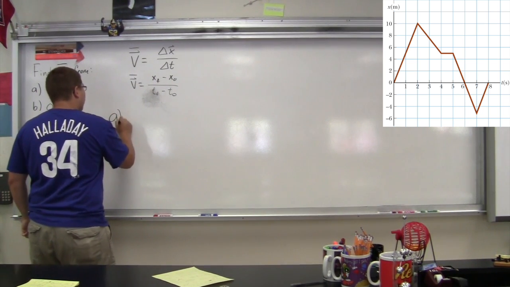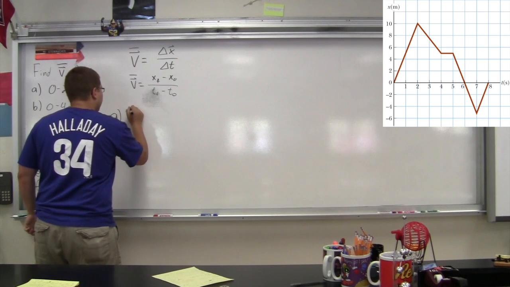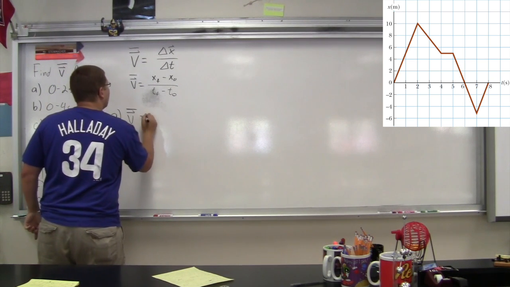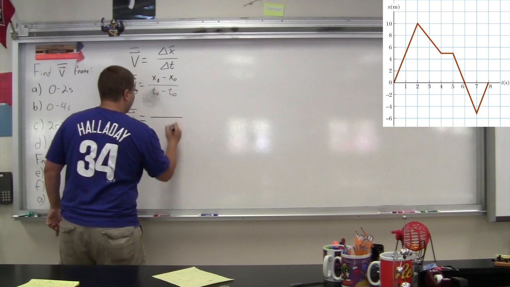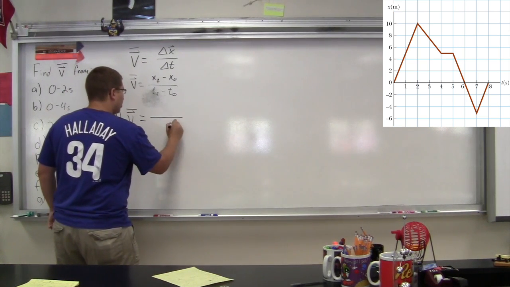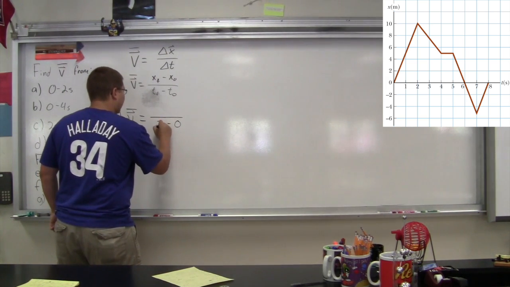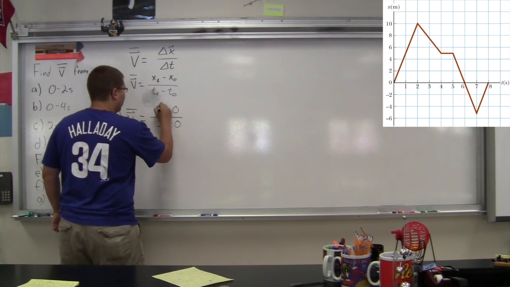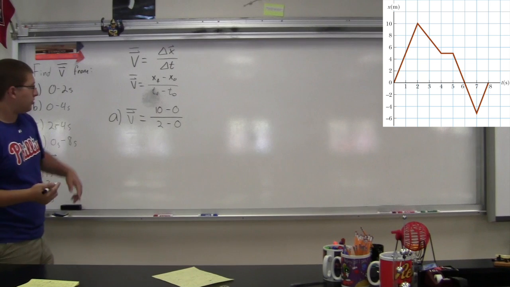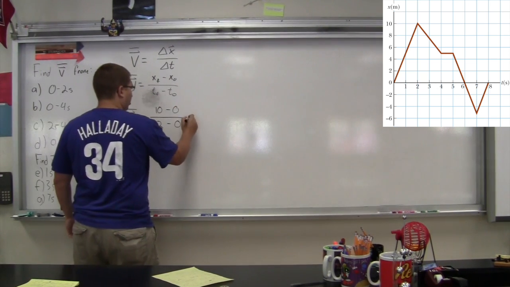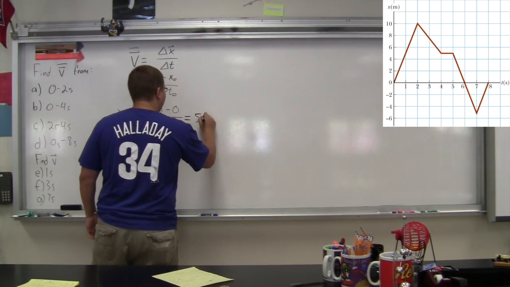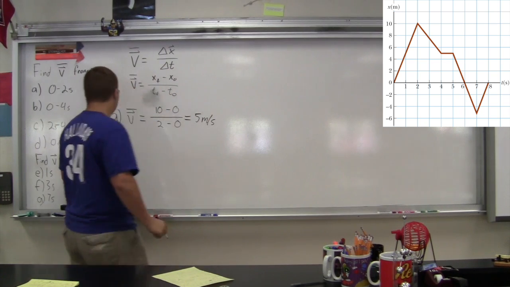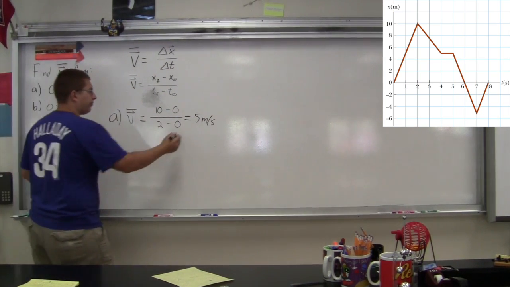So, letter A, average velocity from 0 seconds to 2 seconds, it went from position 0 to position 10. Then you're just going to solve. The zeros go away. 10 divided by 2 is 5 meters per second. So that's your average velocity for letter A.